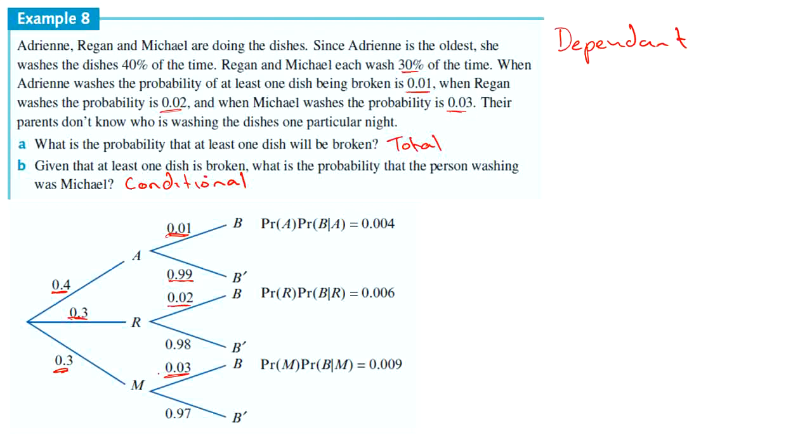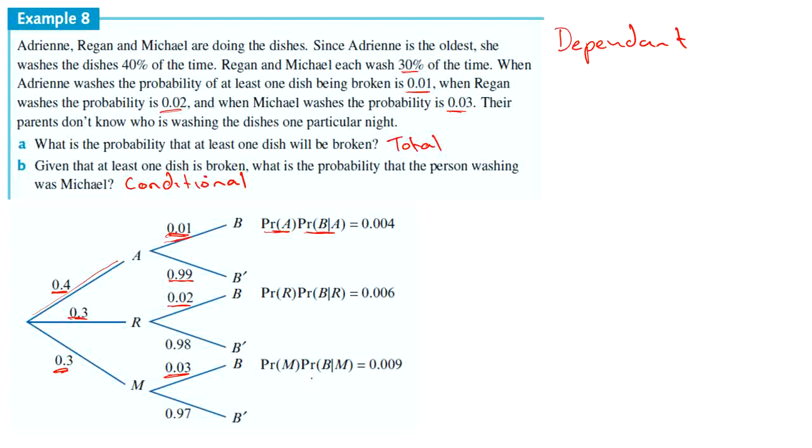All right, and then we can multiply along the branches to find the probability. So the probability of A, and then this one here is actually the probability of B, the probability of a broken dish, given that A has happened. So that's the probability of B given A. Multiplying along the branches, we get the 3 of those.